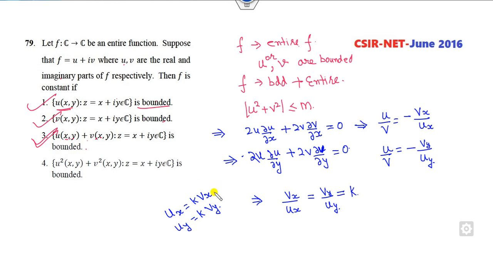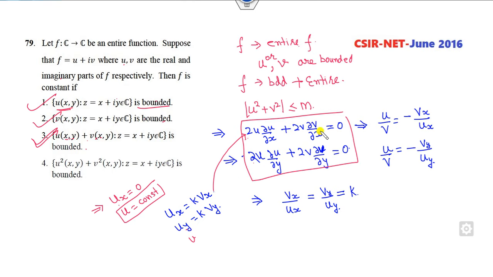That's simple. I can substitute this value here. If you substitute u over v here, you can simplify and you will get ux is 0. Once ux is 0, it means u is constant. Similarly, if you substitute here, you can solve this equation like 2ux plus 2vy.